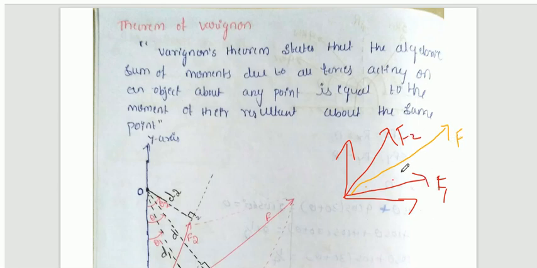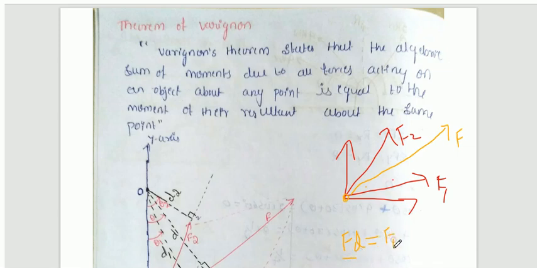So what is the meaning of Varignon's theorem, that is the statement: the moment of a force system, that is the summation of the moments of all the forces acting on a body at a point, is equal to the moment due to their resultant. So if the resultant is there, F into D, that F into D is the moment due to the resultant.